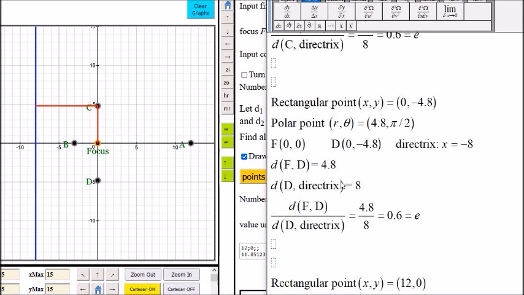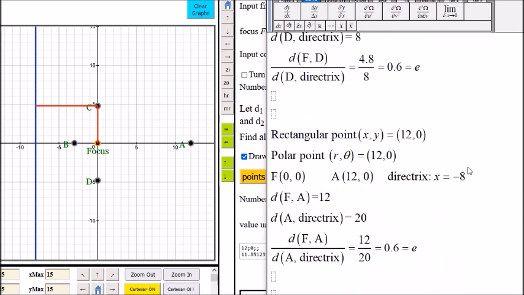So 4.8 divided by 8 is 0.6. And now look at point A. The distance from this point to the focus F is 12. The distance from point A to the directrix is 20. So 12 divided by 20 is 0.6, which is e.